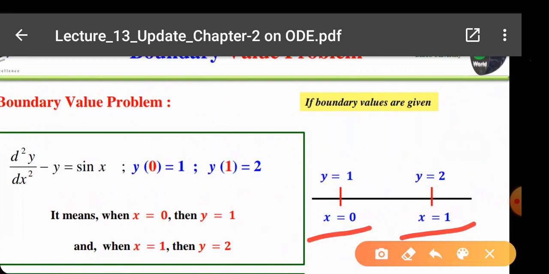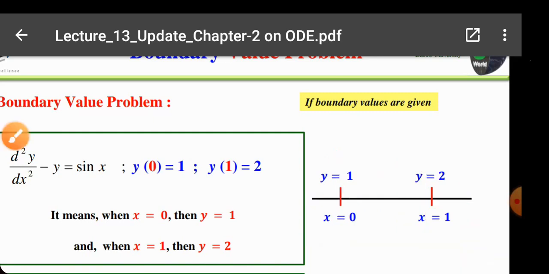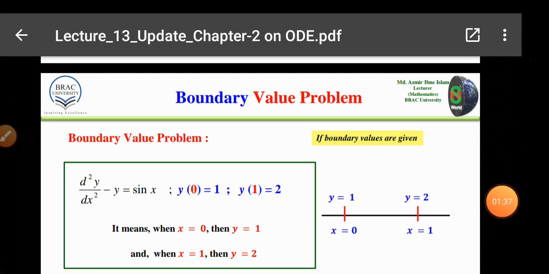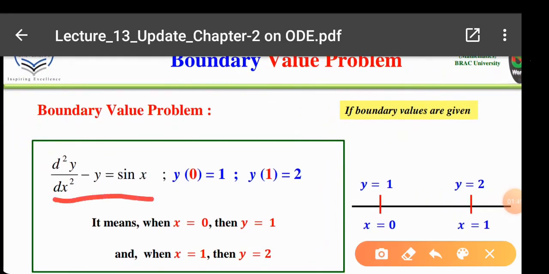For x = 0 we have the corresponding value for y, and for x = 1 the corresponding value of y is also given. So that means the boundary is fulfilled. That's why it is called a boundary value problem. So we can say this is a second order differential equation, but also that this is a boundary value problem.